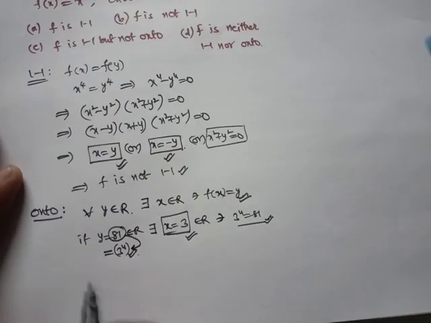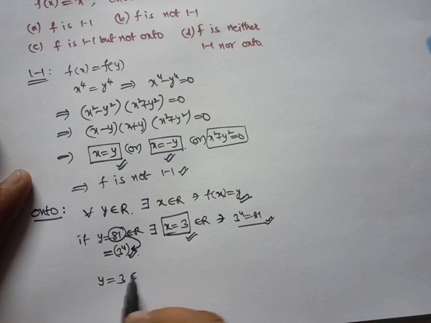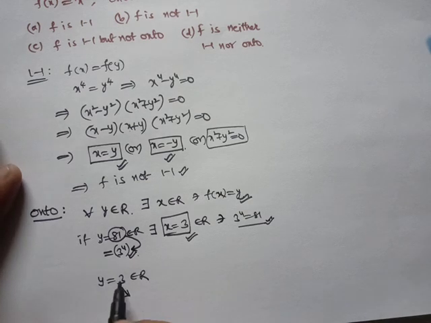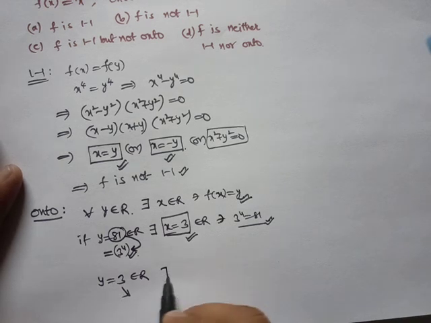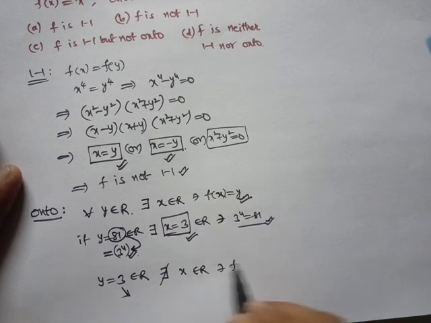If particularly y is considered as, like, 3 belongs to R, this 3 cannot be written as a power of 4. So that's why there does not exist some x belongs to R such that f of x equals y.